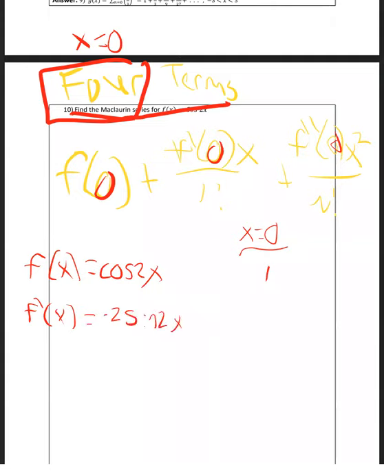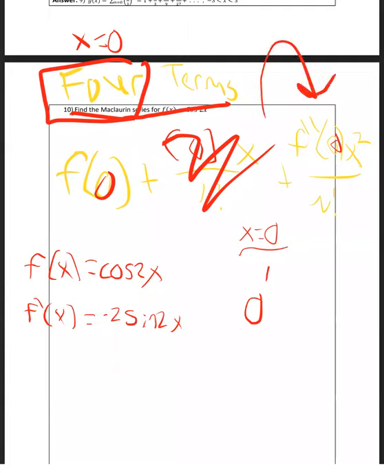When you plug in 0, you get 0. So if we were plugging this into the Maclaurin series right now, this number would be 0, and it would just get rid of this term. So technically, that's not our second term. It just doesn't exist. So we'd have to go to the next one.